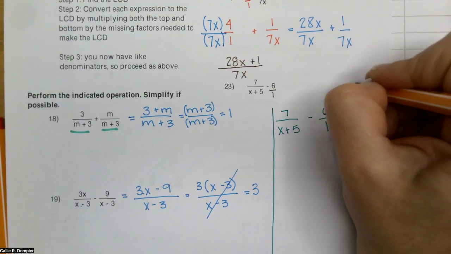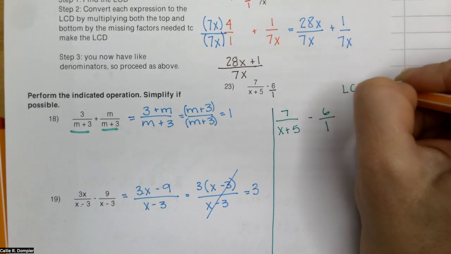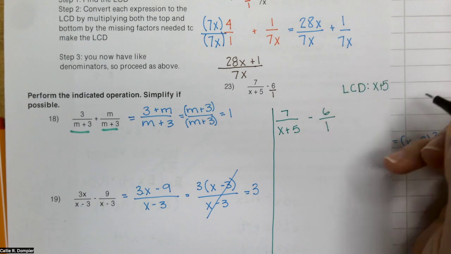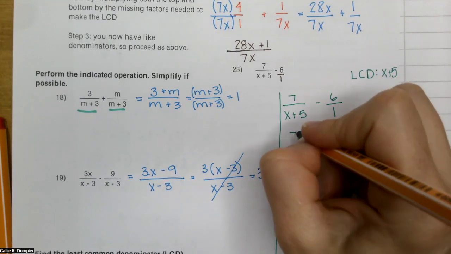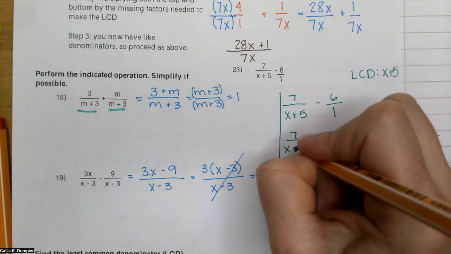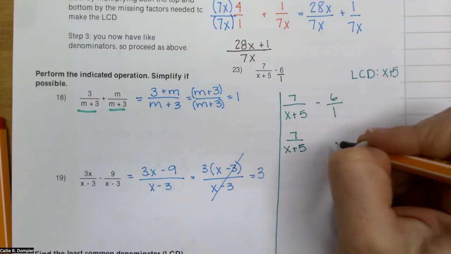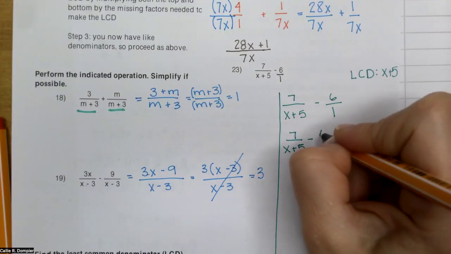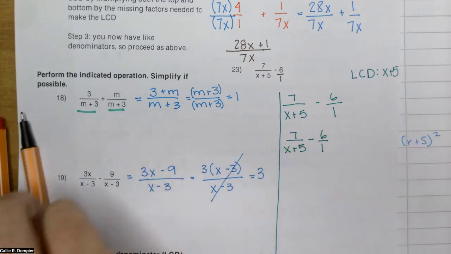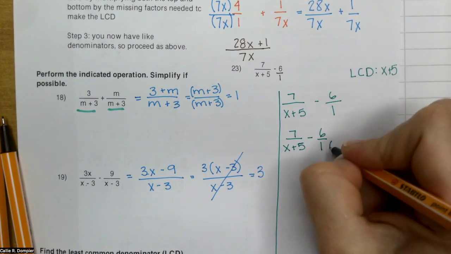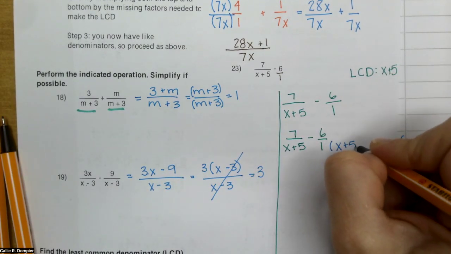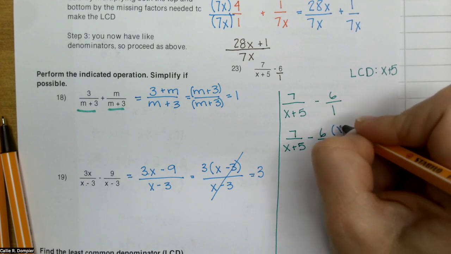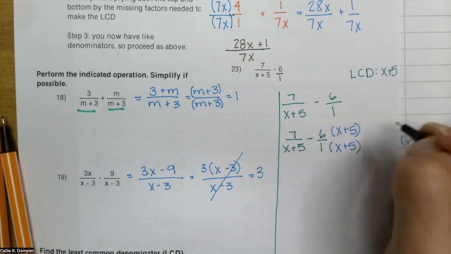My least common denominator is going to be x plus 5. This already has x plus 5, so it's just going to remain as 7 divided by x plus 5, minus 6/1. How to get 1 into x plus 5? Multiply it by x plus 5. Anything I do to the bottom, I have to do to the top.